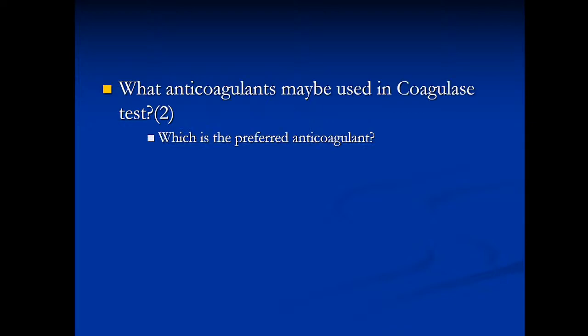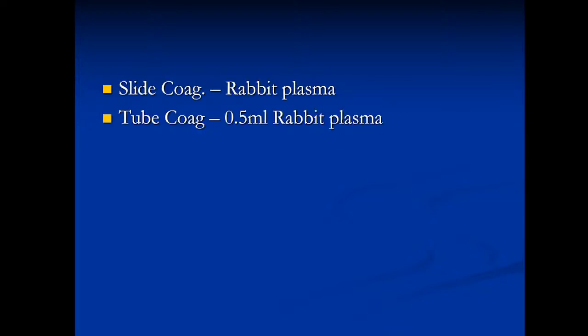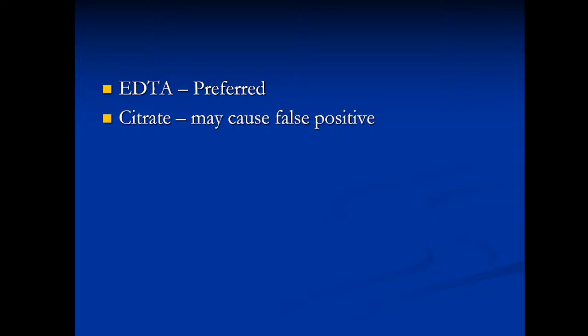In hindsight, you would use EDTA because it's practical and available, but there are some strains that may cause false positive results. Citrate is avoided most of the time in clinical laboratories because of false positivity.